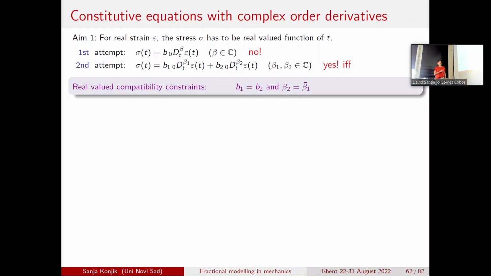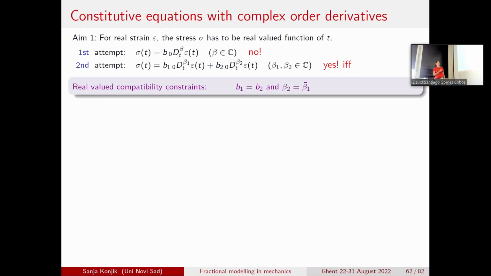If we take a combination of two fractional derivatives of complex order, such that they are complex conjugated, so the same real part and just a minus in front of the imaginary part, with the same coefficient in front of those, and we also remember that these coefficients are important, then such an equation is acceptable from a mathematical point of view as a constitutive equation.